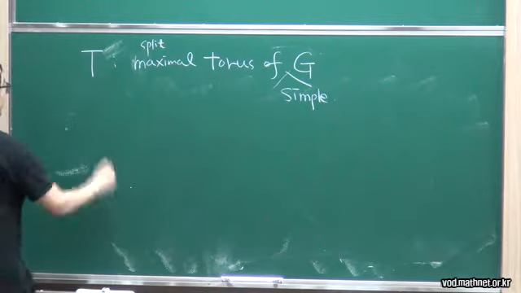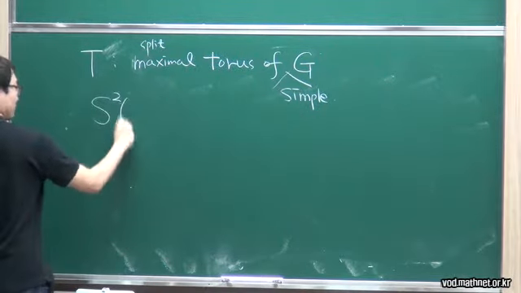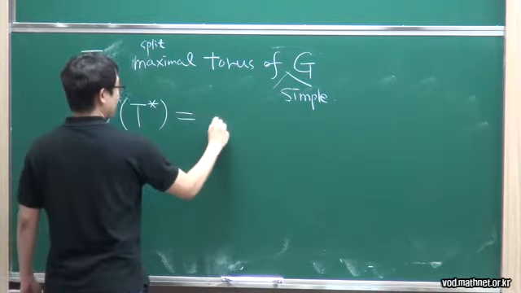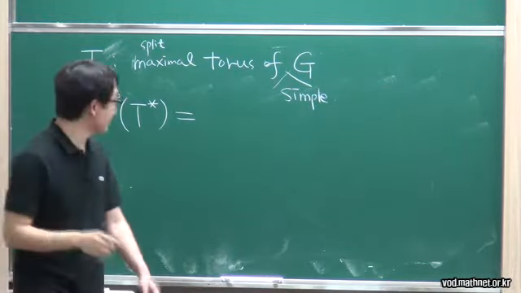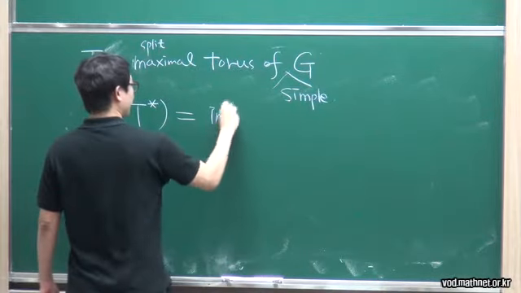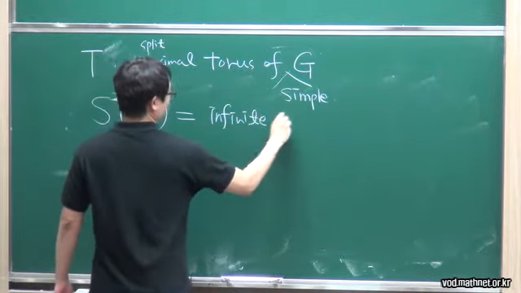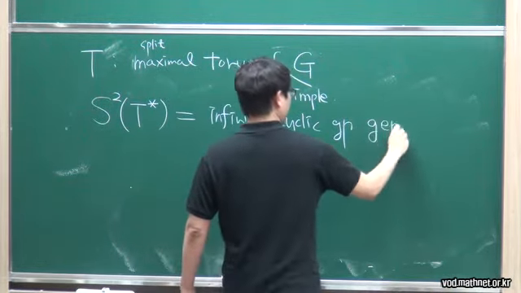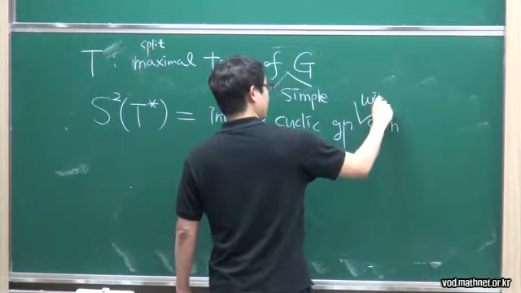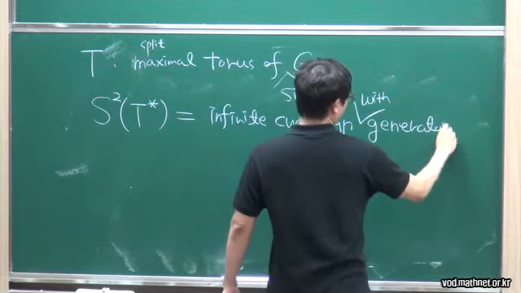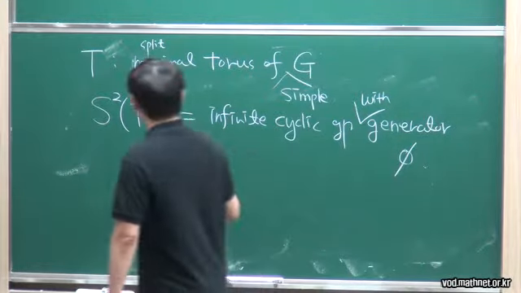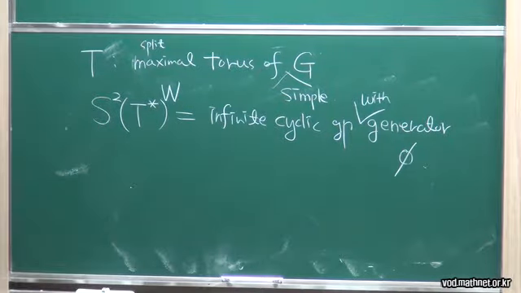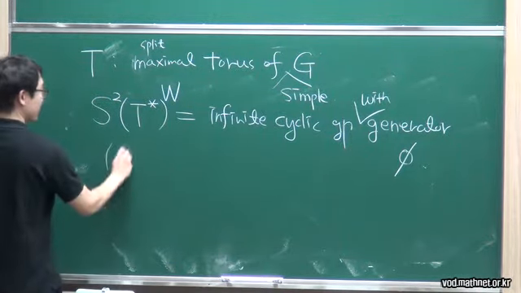Then it's known that the symmetric square of the character group of split torus is the just infinite cyclic group generated by a quadratic form phi. I'm sorry, the W invariant of this symmetric square, and W is a Weyl group.